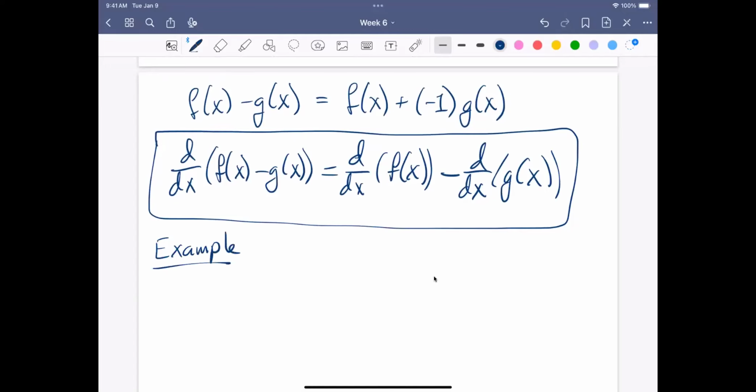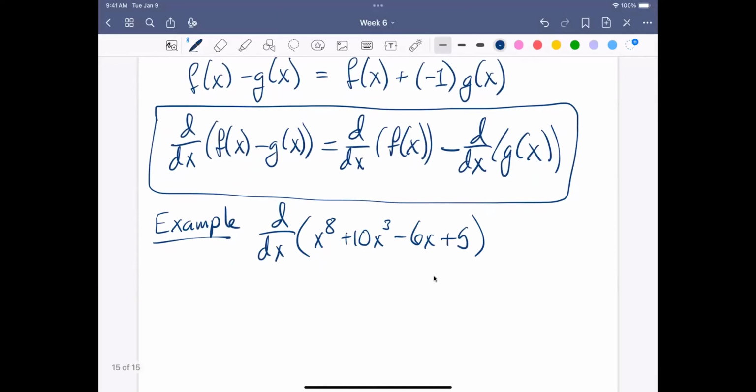I want to do another quick example with this, just to see how we put this one into practice. Let's say I'm going to take the derivative of x to the 8th plus 10x cubed minus 6x plus 5. Okay. So I can use the sums and differences.